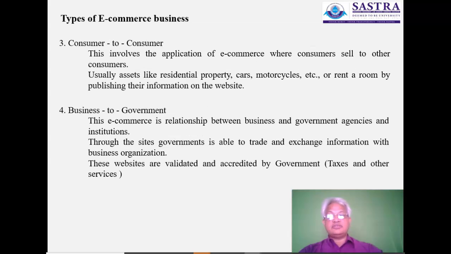The next part is C2C. Consumer to consumer is an e-commerce business where one consumer wants to sell a product which he owns, it can be a used product, to another customer by displaying it on a web portal.